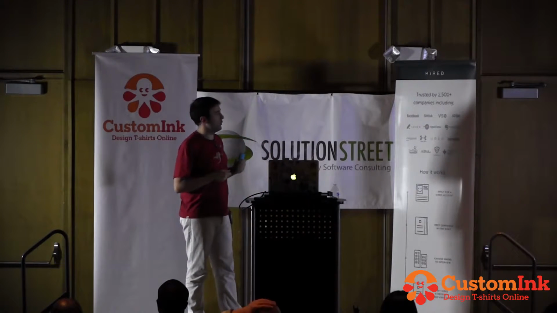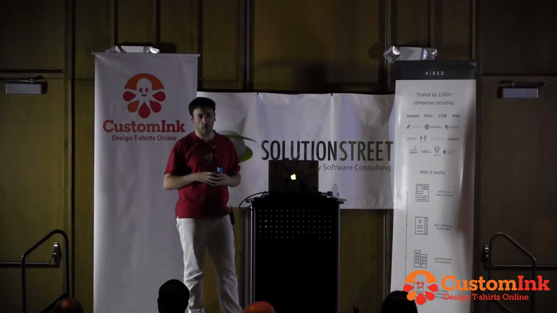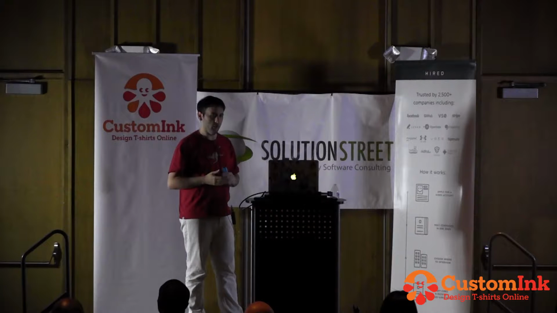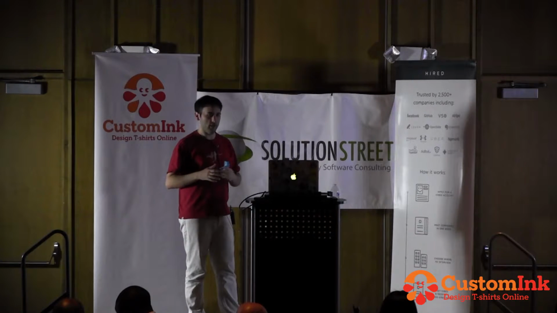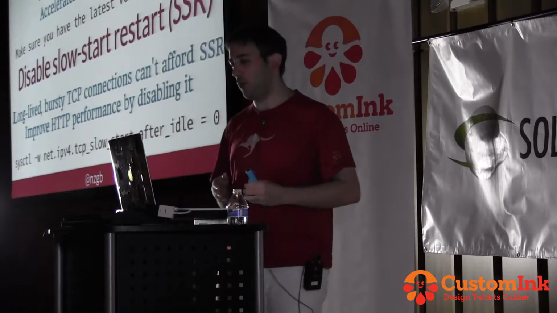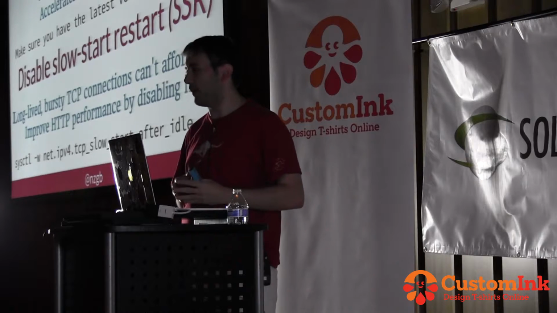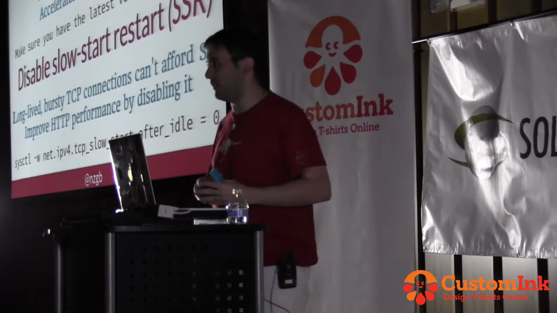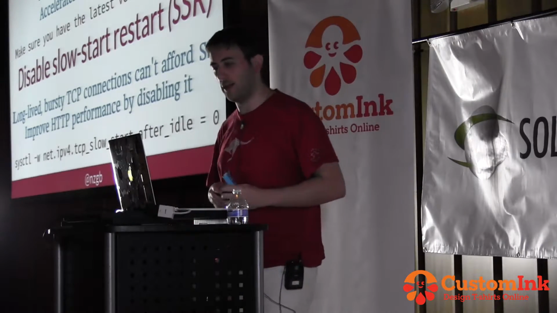So the first one is to increase the initial TCP window size, and this really means increasing throughput for the connection when it starts, and since the connection then ramps up the throughput, you get a much faster connectivity right at the beginning. So for that one, you basically have to have the latest operating system that you can on the server, preferably a Unix system, but depends on what your infrastructure looks like.